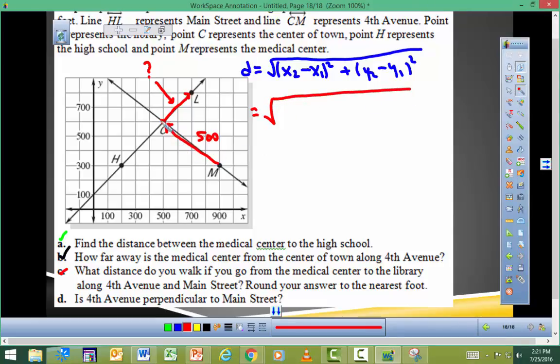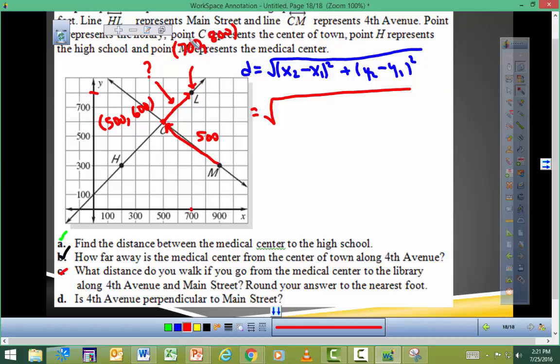Well, the coordinates of this point, we said before, the x coordinate is 500 and the y coordinate is 600, right? And the coordinates up here at this point, okay, looks like to me the x coordinate is 700. So I'm going to write that right up here, 700. And the y coordinate looks like to me right up here is 800.